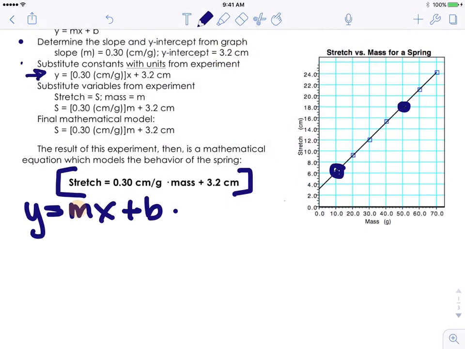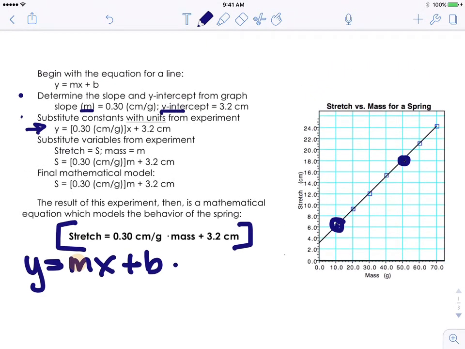If we just calculated the slope and the y-intercept, we would replace the m and the b. So we would end up with something like this: y is equal to 0.30 centimeters per gram times x plus 3.2 centimeters. We're not done yet though. This is not the mathematical model.